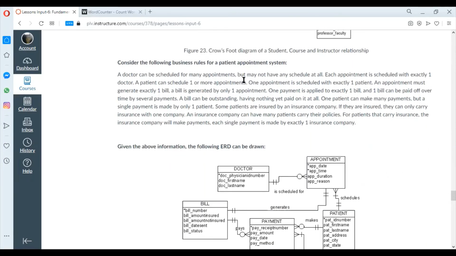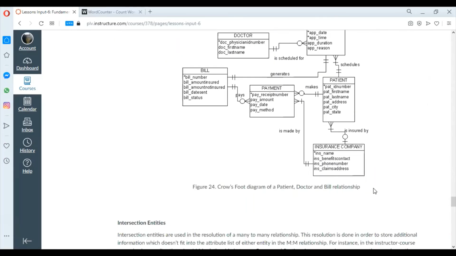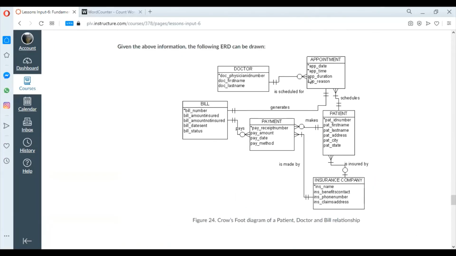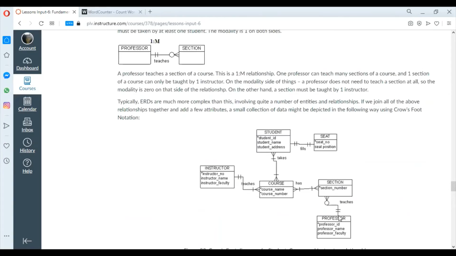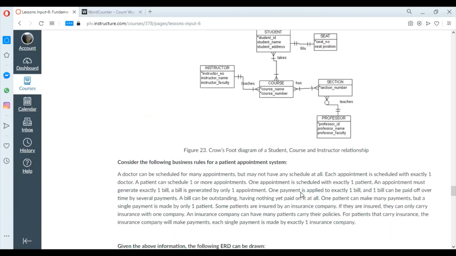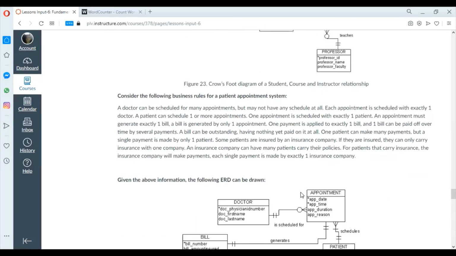We have here an example. So using Crow's Foot, this will be the result. Take note, usually when we are creating a diagram, Chen or Crow's Foot notation, the description that is given is actually business rules already.